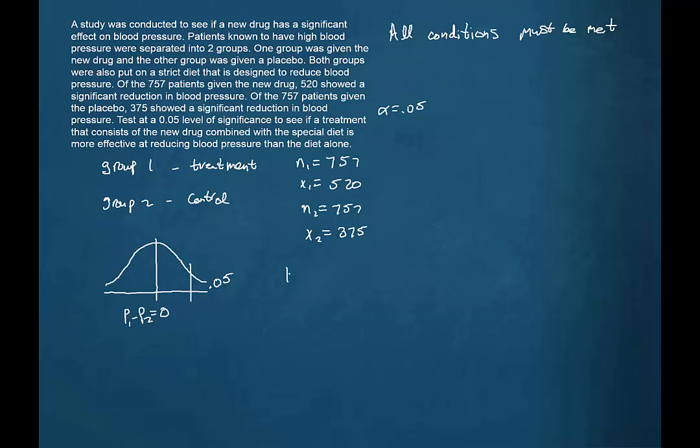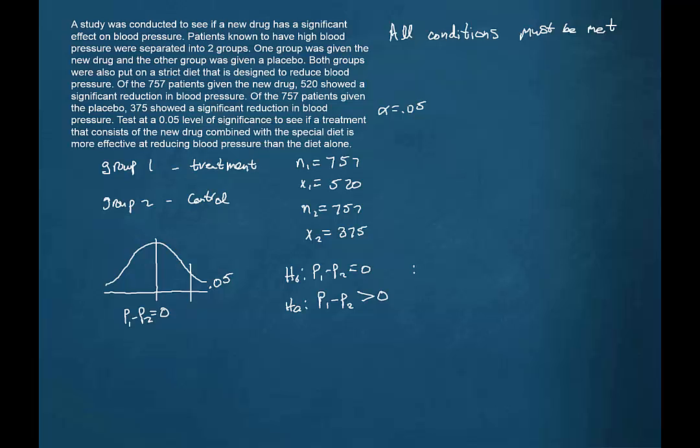Our hypotheses then would be, in the null hypothesis, no difference. p1 minus p2 is 0. That there is no difference between these two proportions. Our alternative hypothesis, what we would conclude if we land in the rejection region, is that this difference is greater than 0.